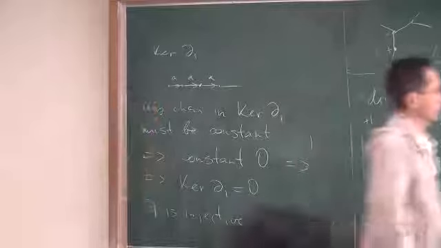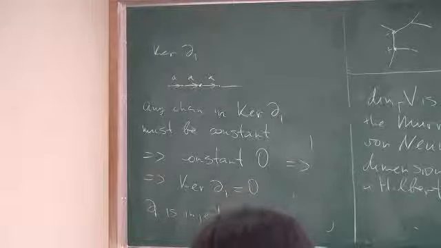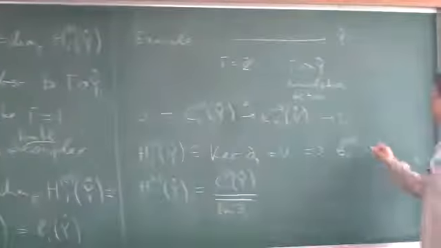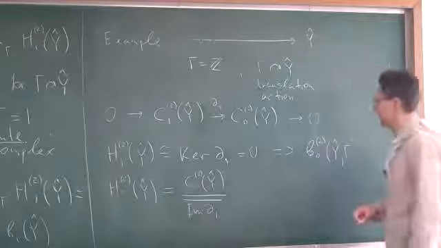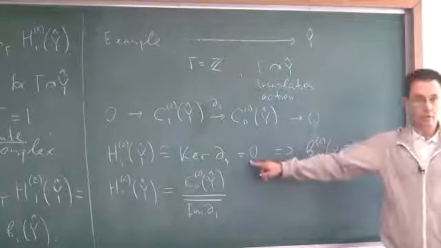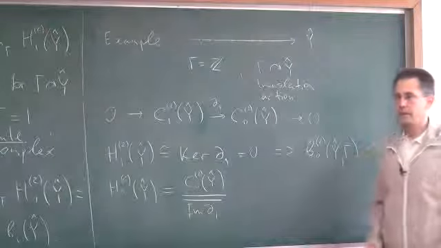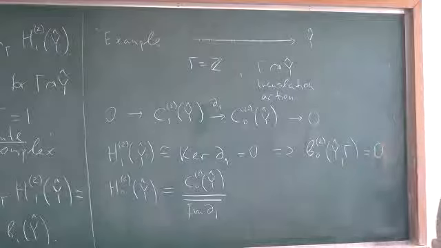Okay, so that tells us something. The kernel of D1 is 0. That implies that the zeroth L2 Betti number of Y hat with respect to gamma is the gamma dimension of the 0 vector space, and that is 0. You can check this from the definition.